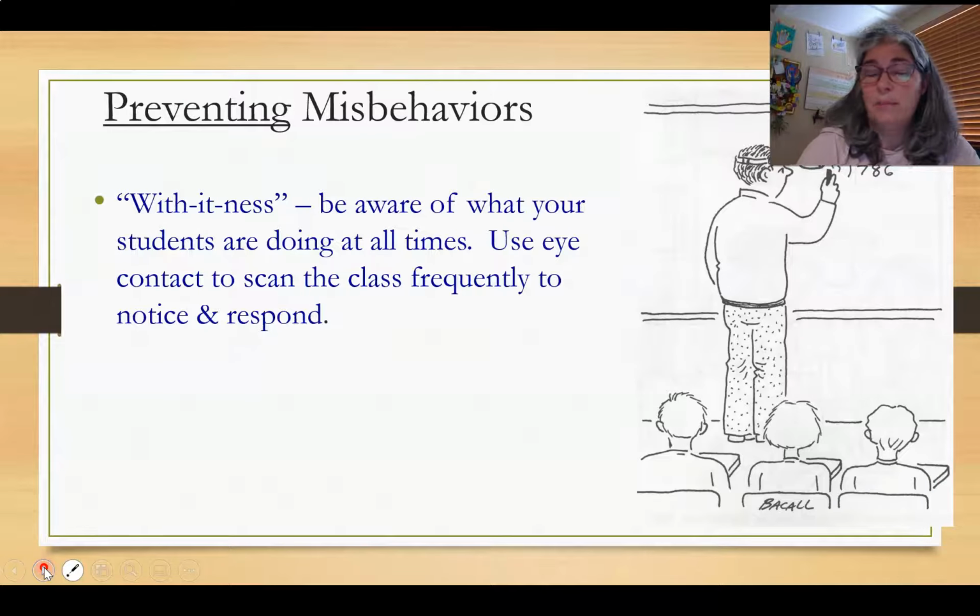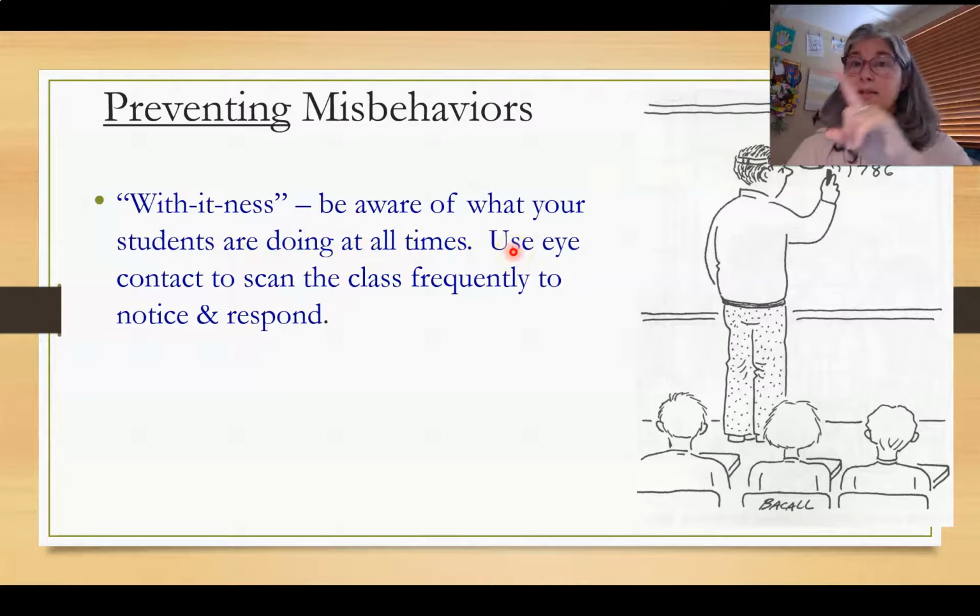Something else you want to think about, this is an interesting term, it's called with-itness. So with-itness is looking at how observant you are in the classroom and how well you really know what's happening in your class. So being aware of what your students are doing at all times. Using your eye contact to constantly scan the class to see, is everybody on task?